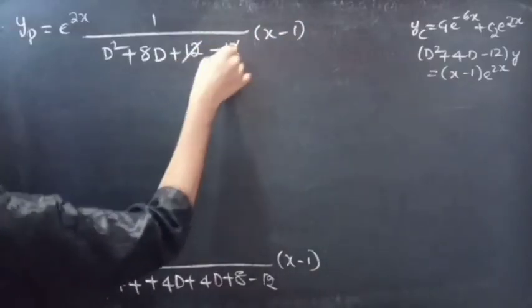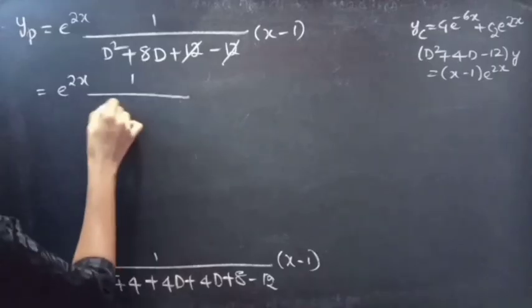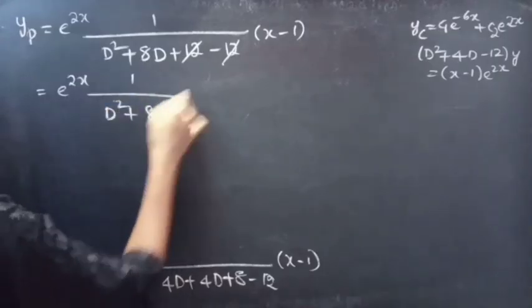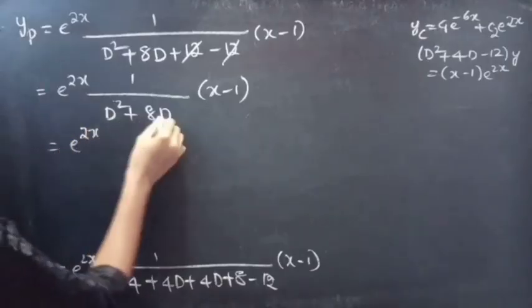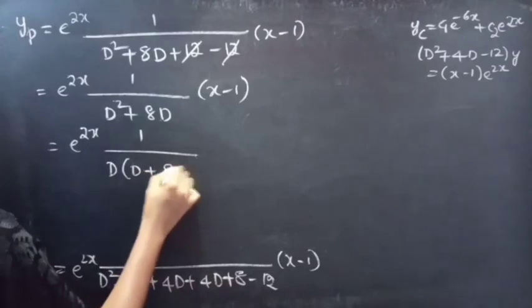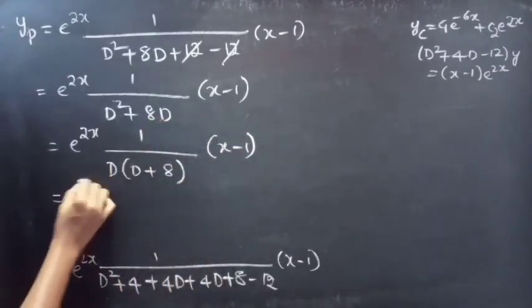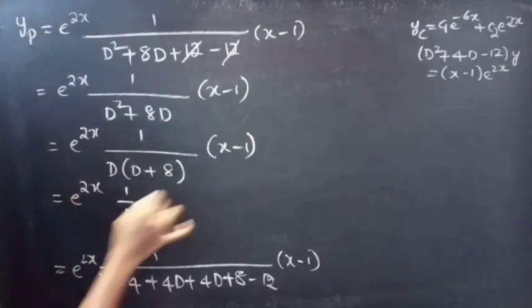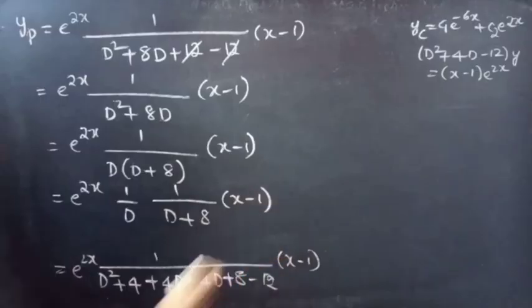Here plus 12 minus 12 gets cancelled, which is equal to e power 2x into 1 by D square plus 8D into x minus 1. Now let's take D common from the two terms of the denominator. We'll get D times D plus 8 into x minus 1. Now we can split this fraction as e power 2x into 1 by D into 1 by D plus 8 into x minus 1.